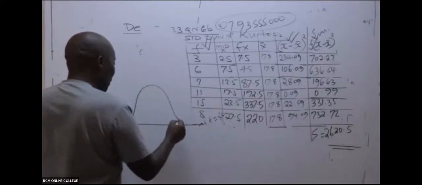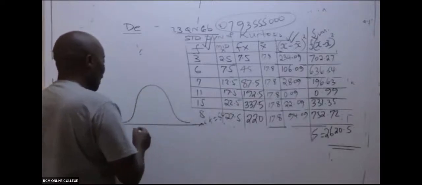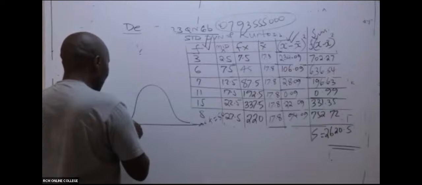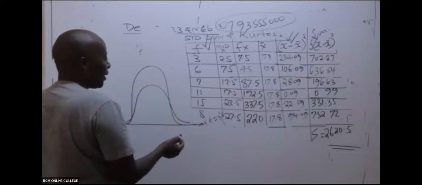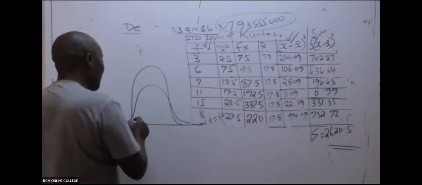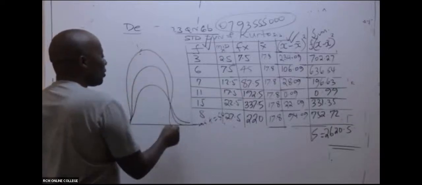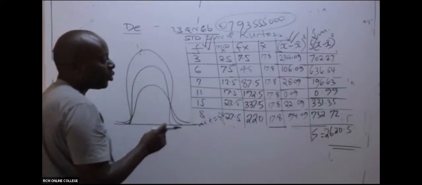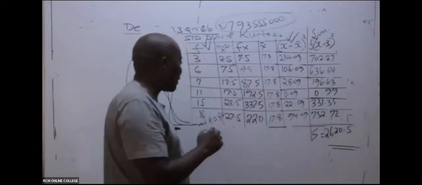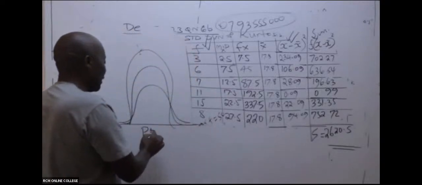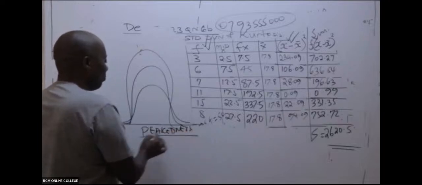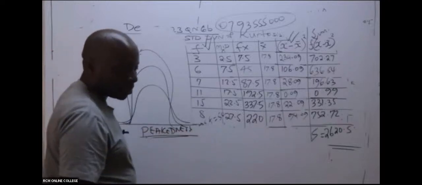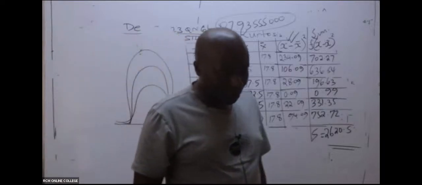We have what we call a normal distribution, and then we have one that is mesokurtic, and then one that is so tall. So a measure of peakedness, that's what we call kurtosis.